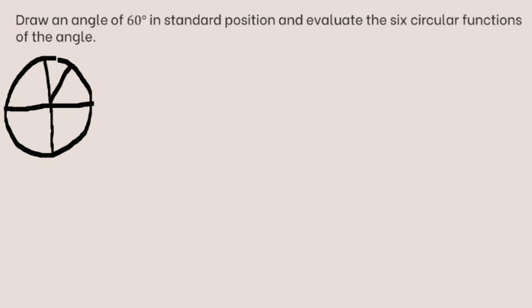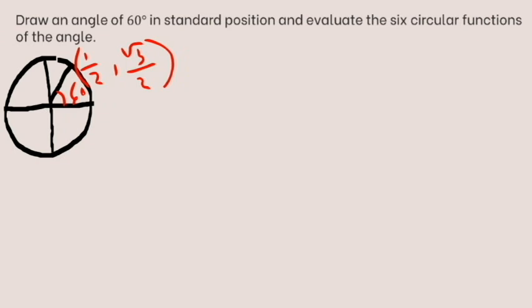Our coordinates for this 60 degrees are 1/2 and square root of 3 over 2. So these are the coordinates of the given angle 60 degrees.